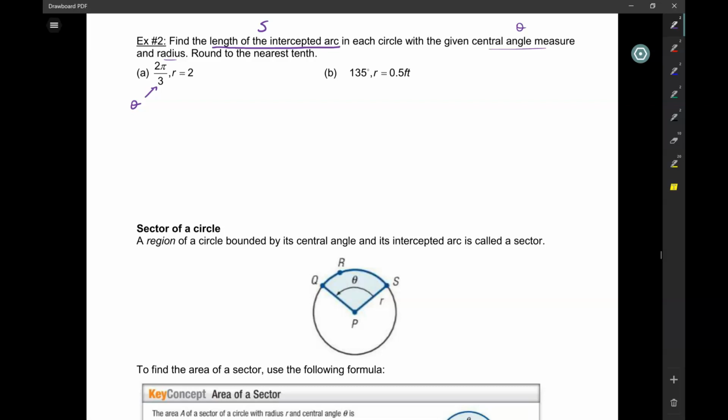It's in radians, so I don't have to do anything. Now I just say S equals R theta. S equals R, which is 2, times theta, 2 pi over 3. The whole 2 pi over 3 is theta. So now S equals 2 times 2 pi over 3, which is 4 pi over 3.